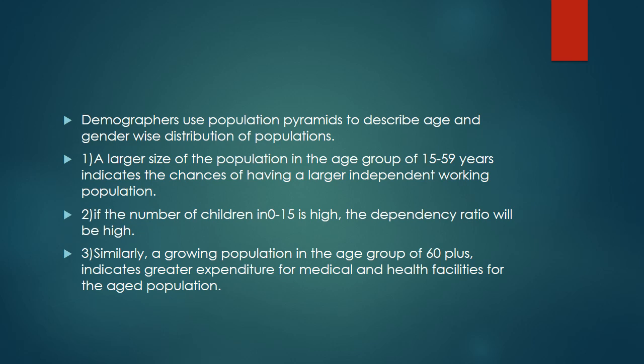Similarly, a growing population in the age group of 60 plus indicates greater expenditures for medical and health facilities for the aged population. At the apex you have the population of 60 plus. These are people who get retired and don't have any income source, so they are also dependent populations, and they have more expenditures like medical and health facilities.